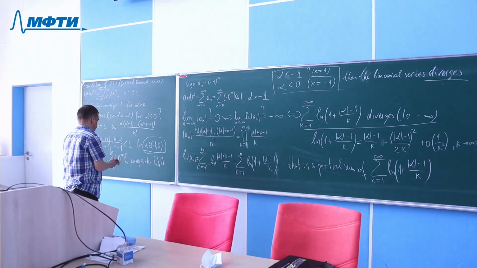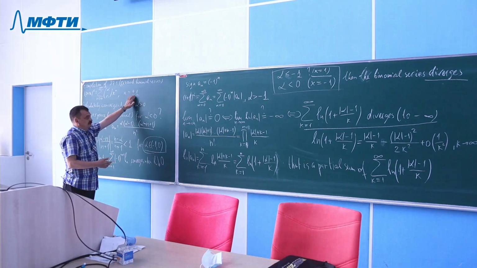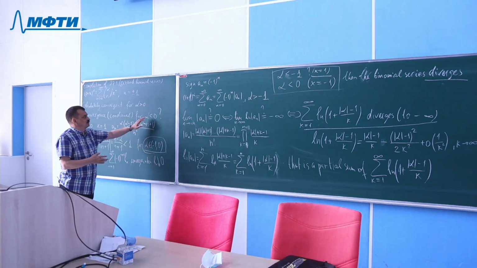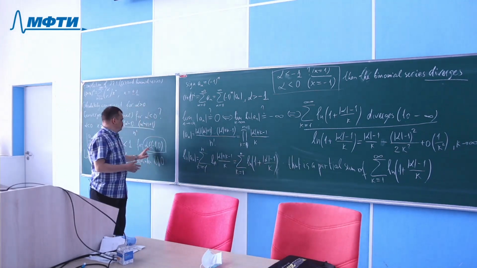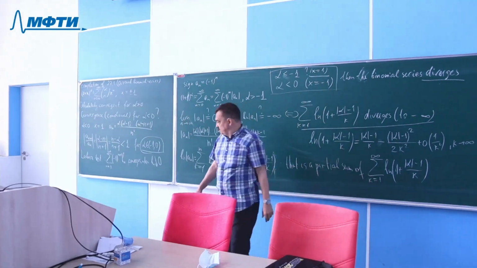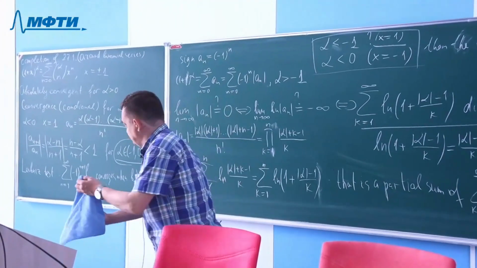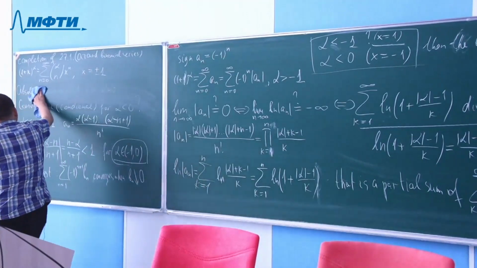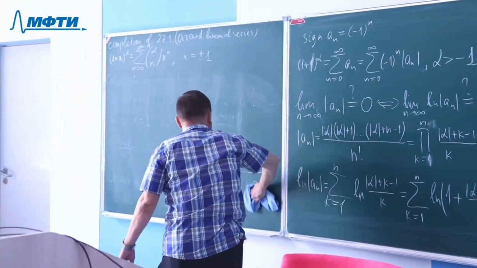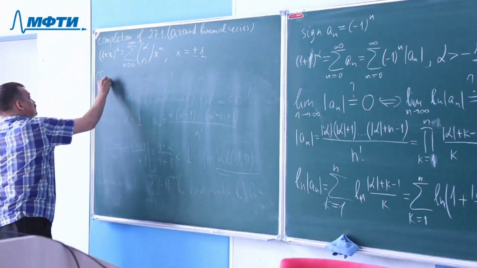It is absolutely convergent for alpha greater than 0 at both ends of the interval, and it is conditionally convergent for alpha from minus 1 to 0 at x equals to 1. Let me summarize it. Summary.